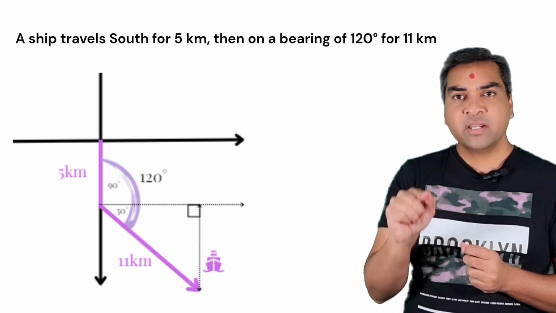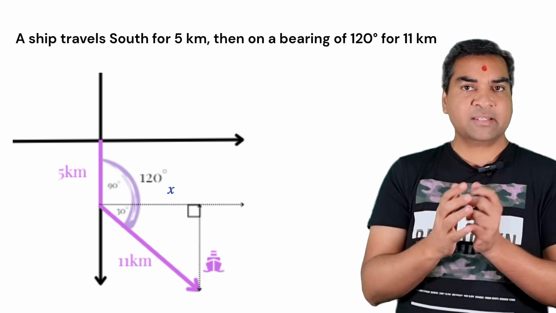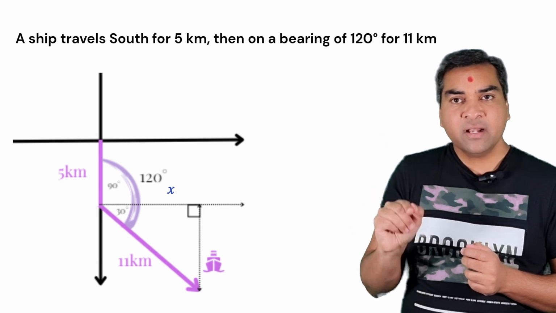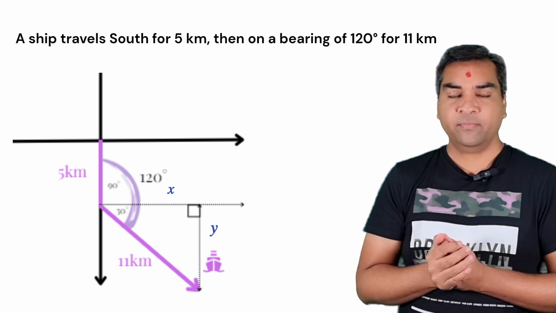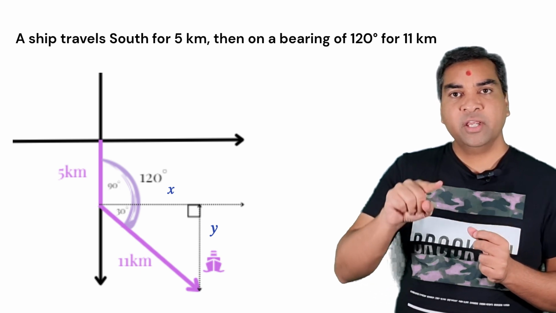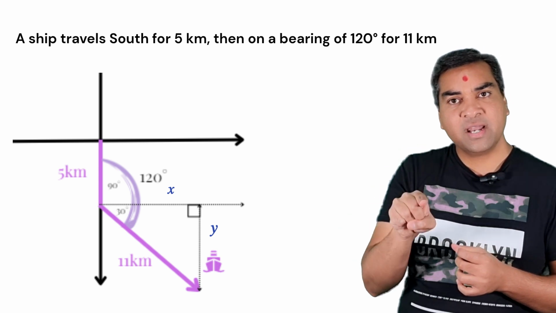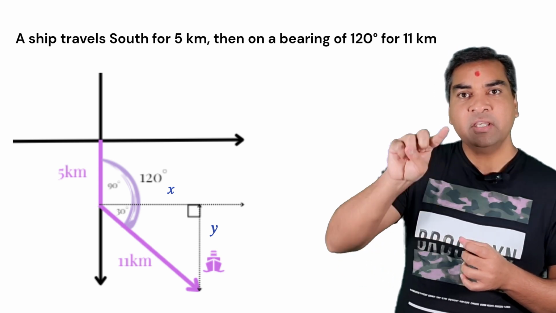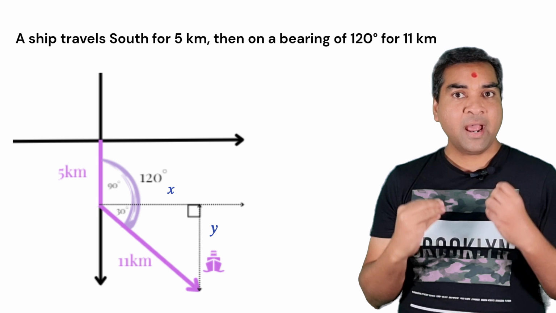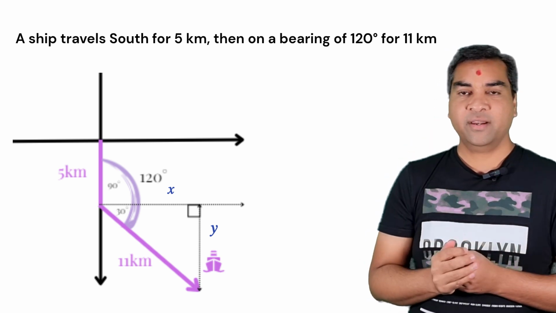Now in that right angle triangle, the horizontal distance I'm going to say x, and the vertical distance I'm going to say y. At the same time, we do know the bearing is 120 and bearing from north to east is 90. So 120 minus 90, that is 30 degree. That is going to be the angle of my right angle triangle.